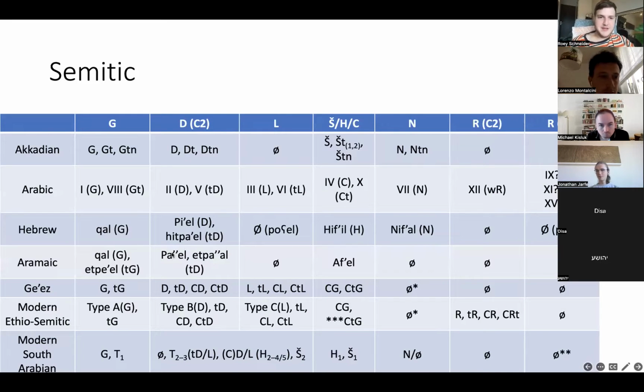So I warned you that it's going to be messy. If we look at the stems as just different types of stems, we have the G stems, which are the regular ones, the kal in Hebrew, the D stems, the L stems, which we just talked about. Then we have the shin stem or the causative stem or the H stem, the N stem, and R stems, which reduplicate the second radical.